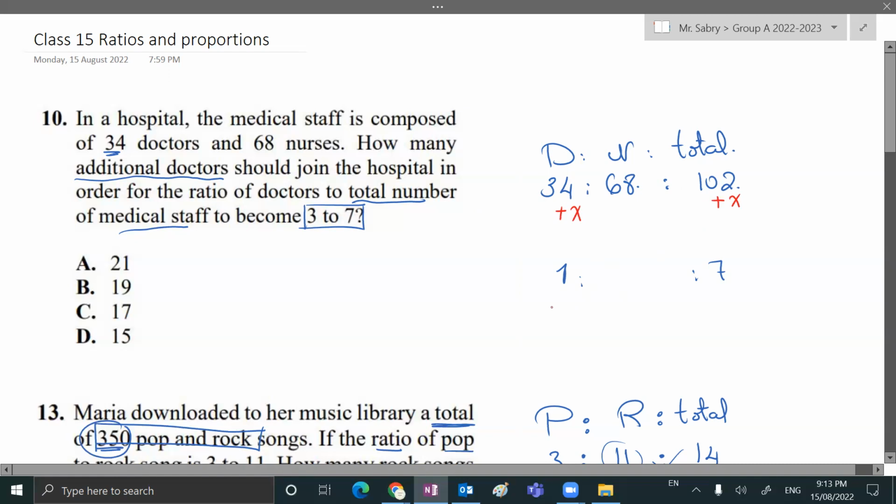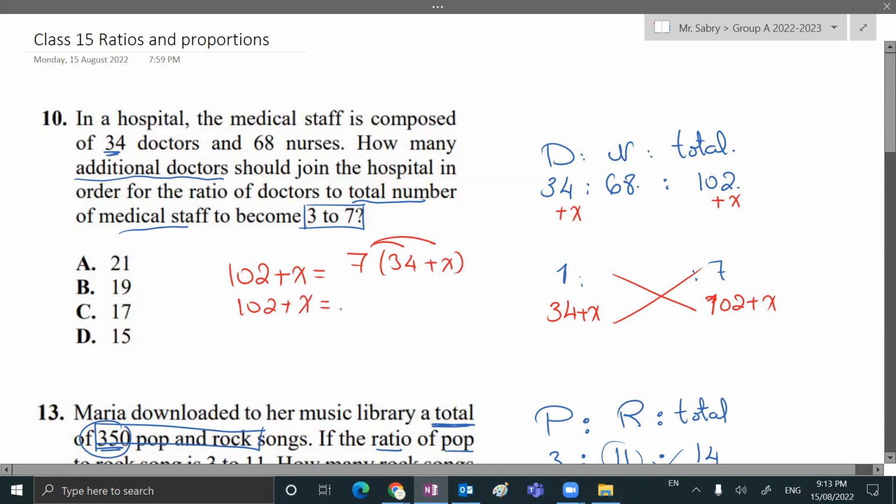Then I want إن الريشيو تطلع 3:7. Find X. I'll cross multiply. I'll say that 102 plus X is equal to 7 multiplied by 34 plus X. Solve to find the value of X. And I'll re-explain this عشان عارف إن في ناس لسه متلخبطة.